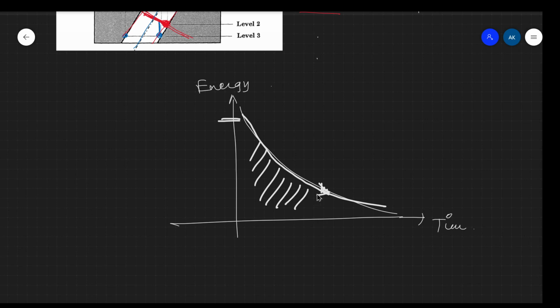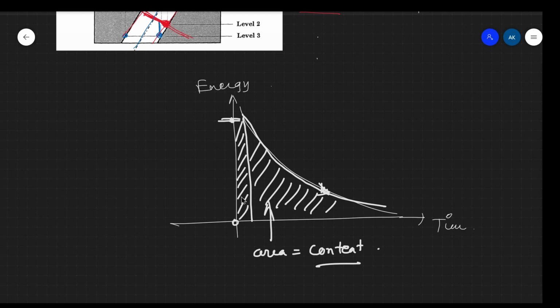Energy, this is the area. Area is your content. So when you are starting, your energy will be high. Content, of course, it will be less. Suppose if this is the time one day, content will be less because you haven't got the suitable time. But with time, in between, your content level will rise, and with time, it will deplete.